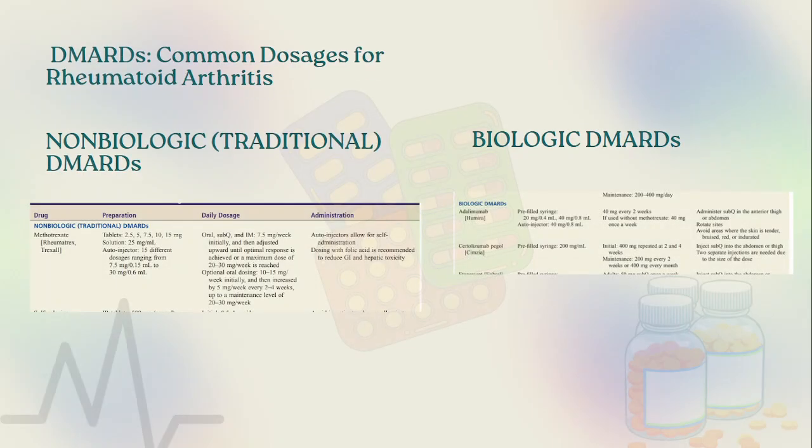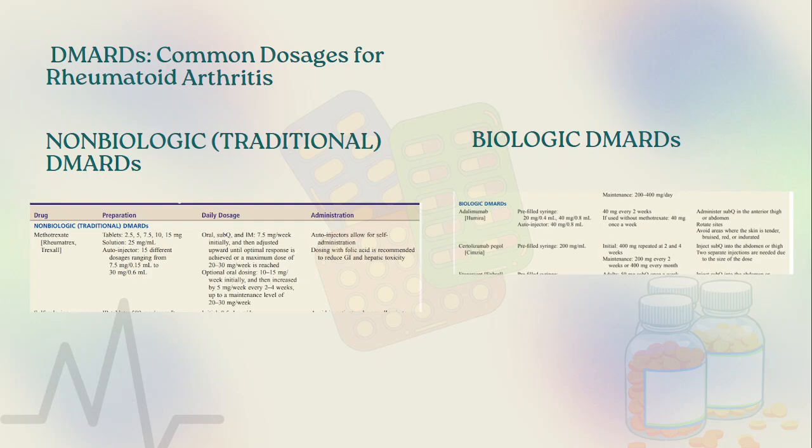Non-biologic disease-modifying anti-rheumatic drugs are a class of medication used to treat autoimmune diseases such as rheumatoid arthritis, psoriatic arthritis, and systemic lupus. Unlike biologics, which are derived from living organisms, non-biologics are chemically synthesized and do not involve biological components.